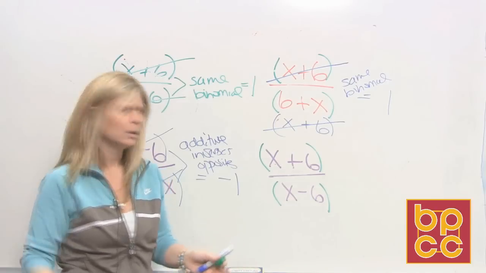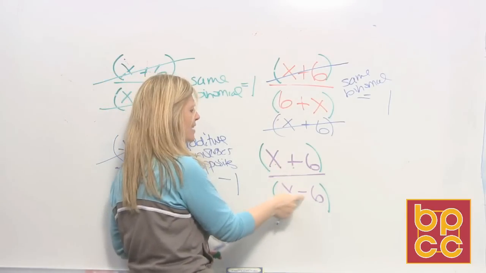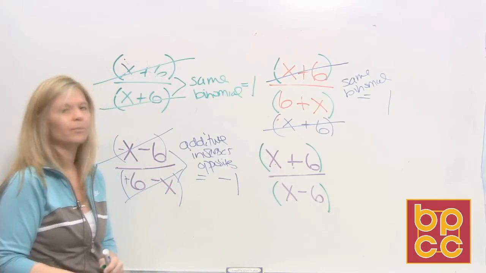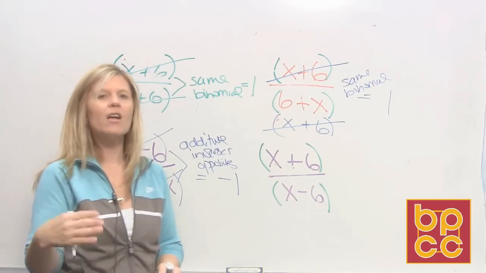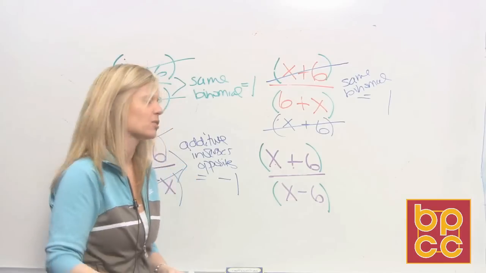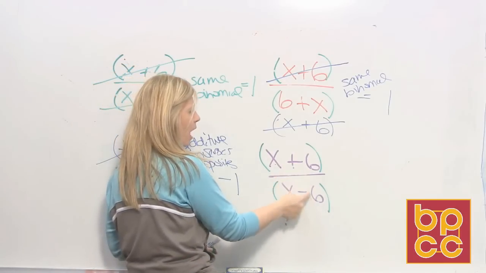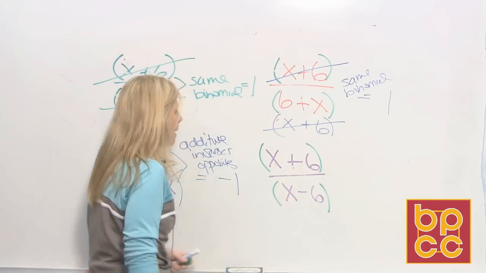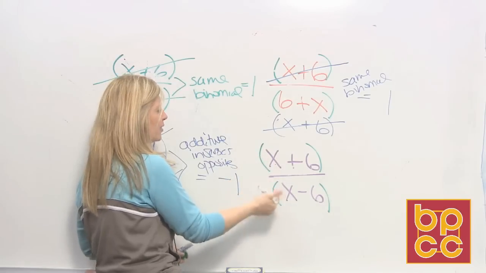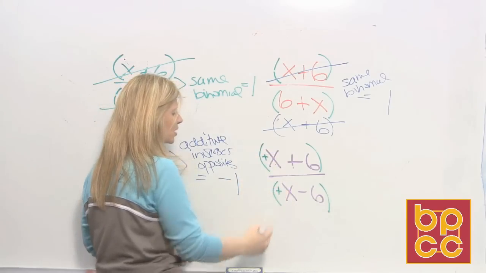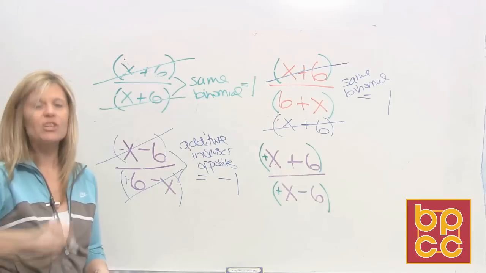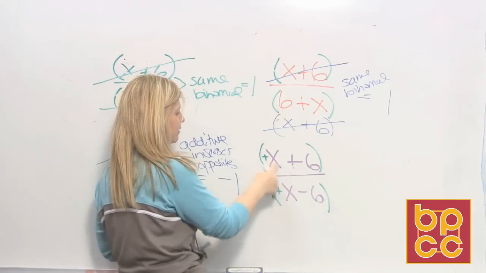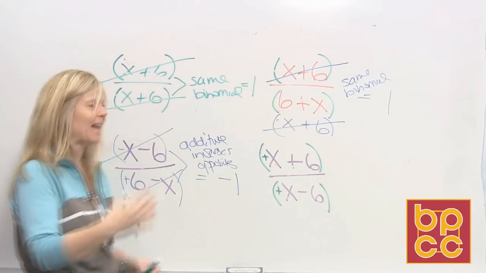No. Adding 6 to something and subtracting 6 to something is not going to be alike. So these are not the same binomial. So the next question is, are they additive inverses, opposites? Well, the numbers are opposites. One 6 is positive, one 6 is negative. But the letters are not. These variables are both positive x. And to be an additive inverse, everybody has to be opposite. And it's not. If the variables are not opposites, then this is not an additive inverse.